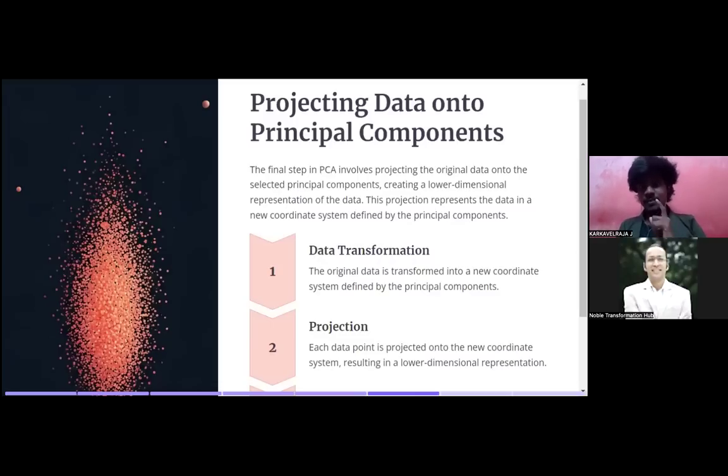When we define the number of components as one, we will have only one axis, that is x. For two, we will have x and y axes. For three, we will have x, y, and z axes. Hope you guys are able to understand, right? Now moving on, let's see what things we have. The projection represents the data in a new coordinate system defined by the principal components.